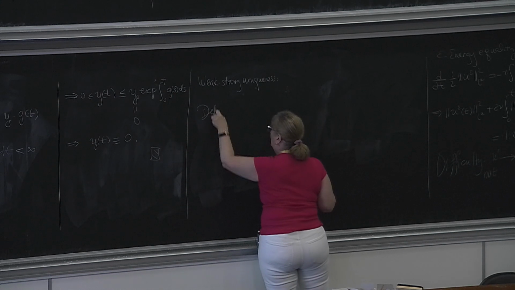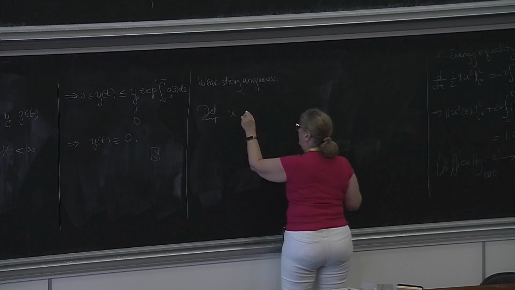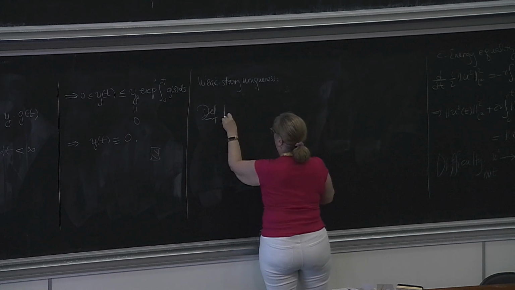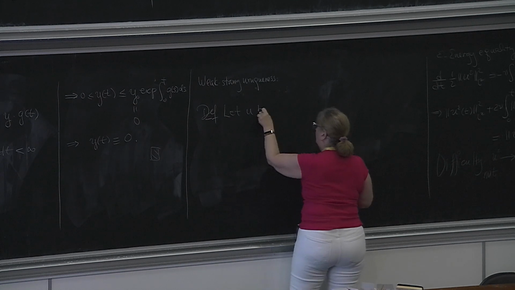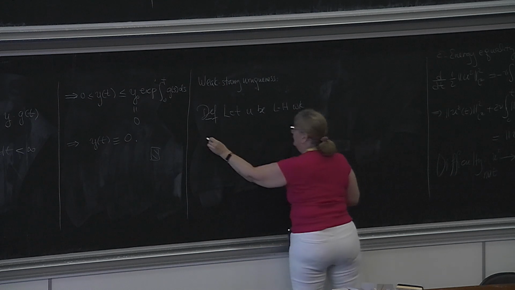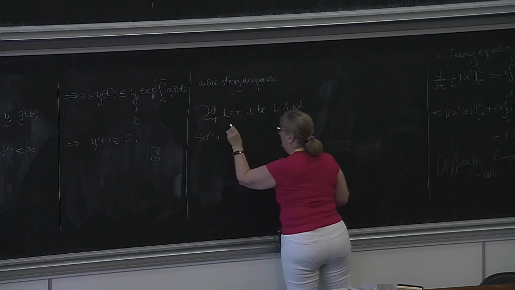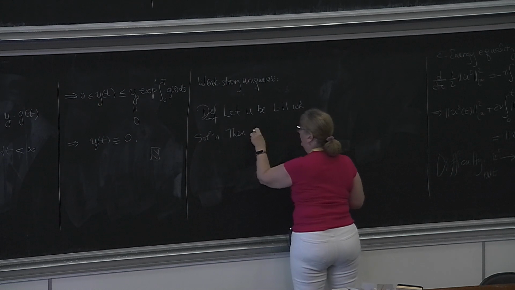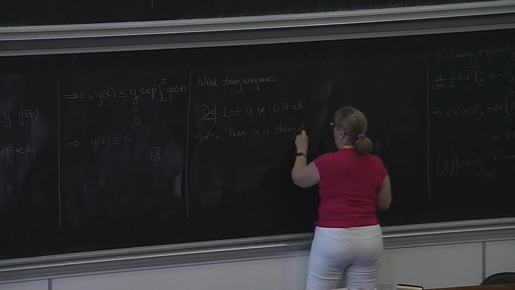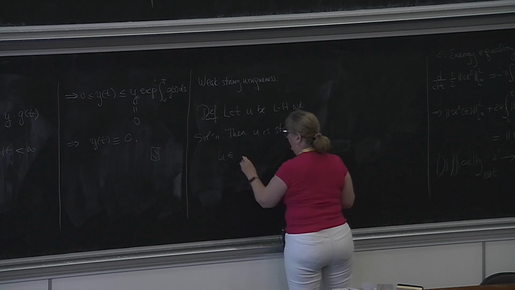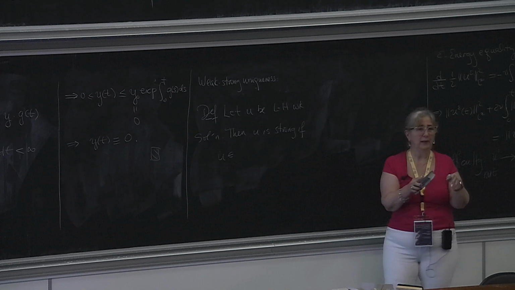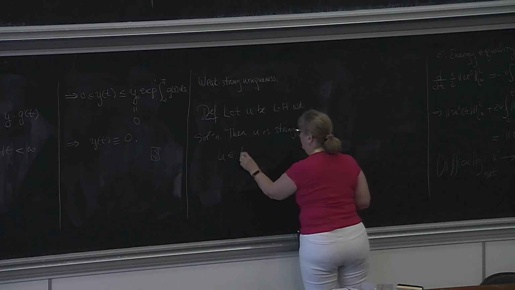So definition, let U be a Leray-Hopf weak solution. Then U is strong if, so Leray-Hopf is L infinity L2, L2 H1. So you up this by 1 derivative.